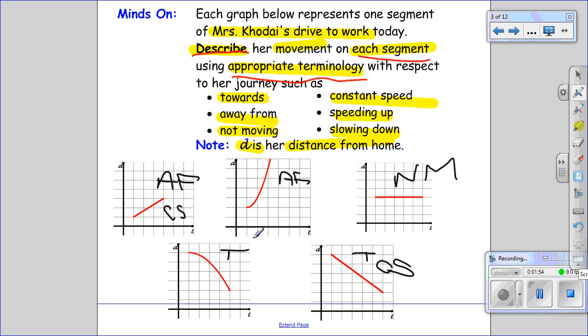If I'm speeding up, the distance is increasing and the curve is going to increase or decrease at a faster rate. If I look at this graph here, it starts out increasing slowly, but then starts to increase faster. So that's telling me speeding up. And this curve here has the same effect happening. I started moving a little bit slower, and then I start speeding up faster. The curve gets a little bit steeper.